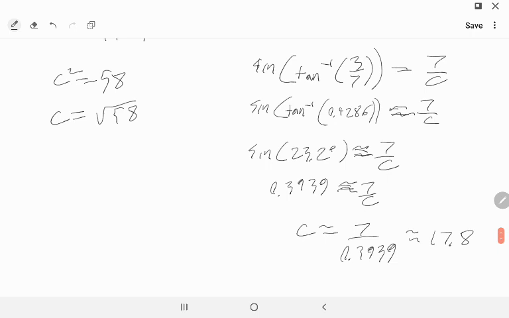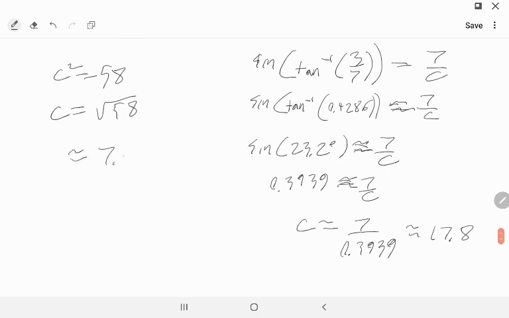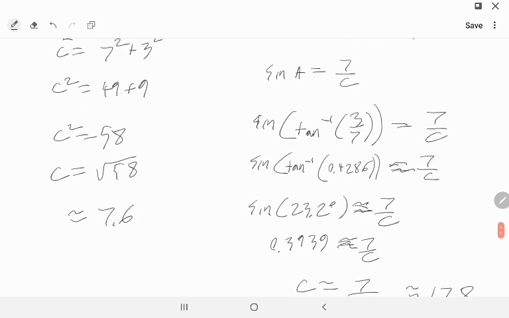So the square root of 58 is 7.6. So that's more reasonable. So what did we do wrong?